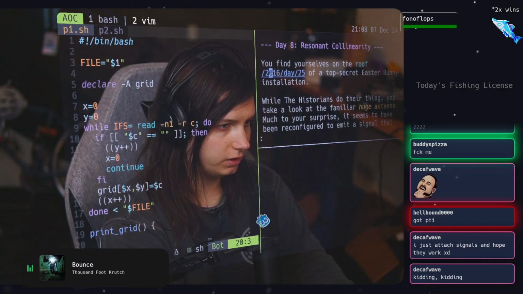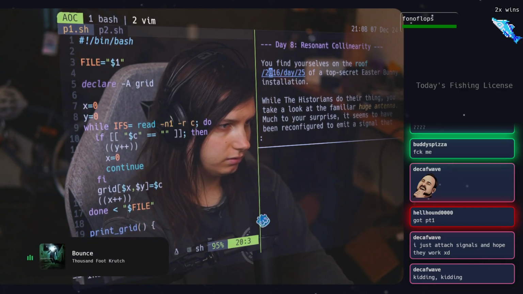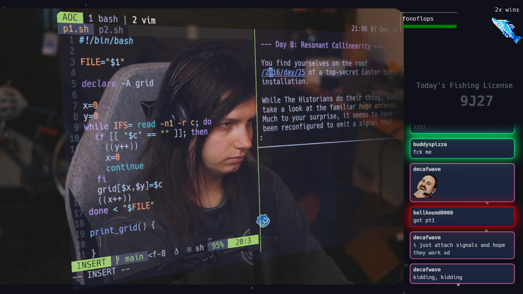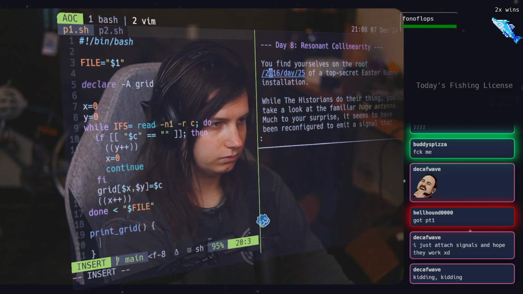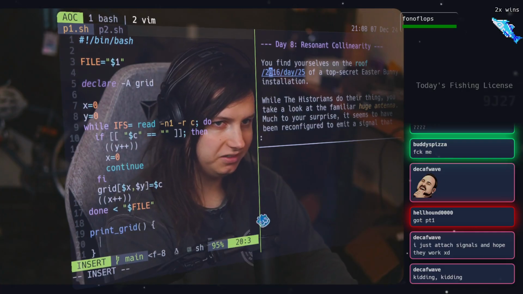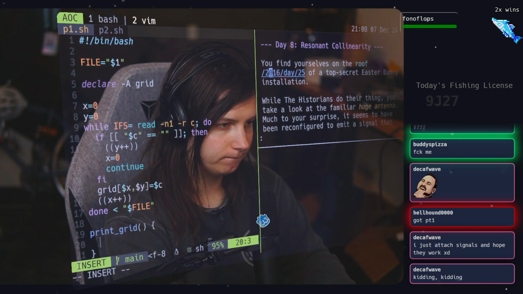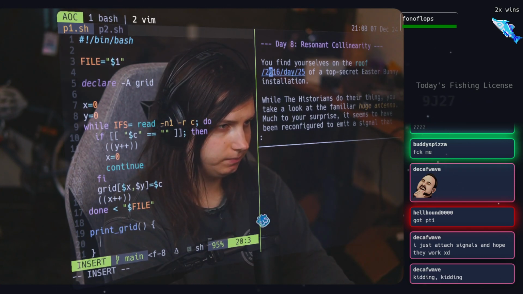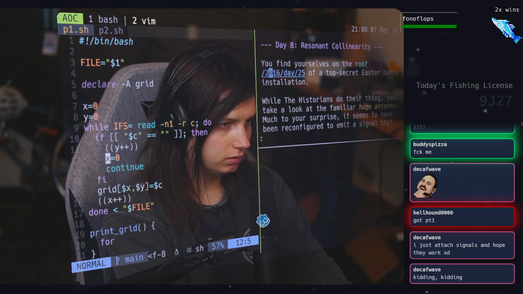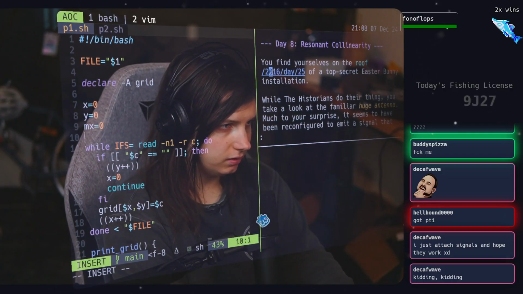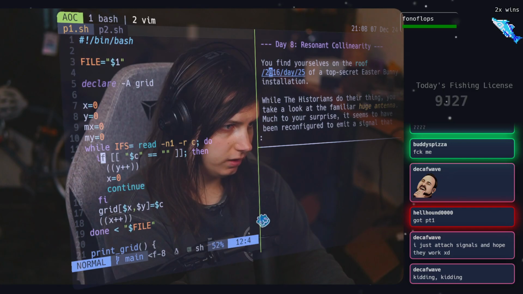Let's make print grid. Although, yeah, this one's tricky. It's fine. Let's do the classic mx my.